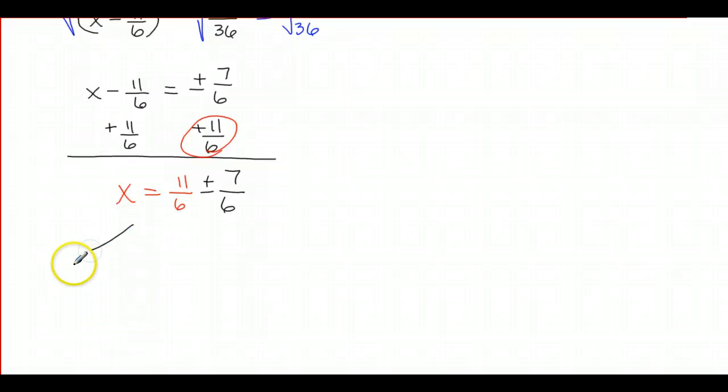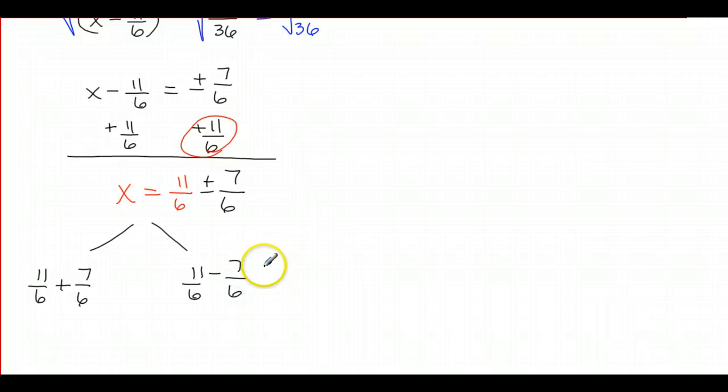So one of my problems will be 11 over 6 plus 7 over 6, and my other problem would be 11 over 6 minus 7 over 6. So our two answers would be that x equals, let's see, 11 plus 7 is 18 over 6.